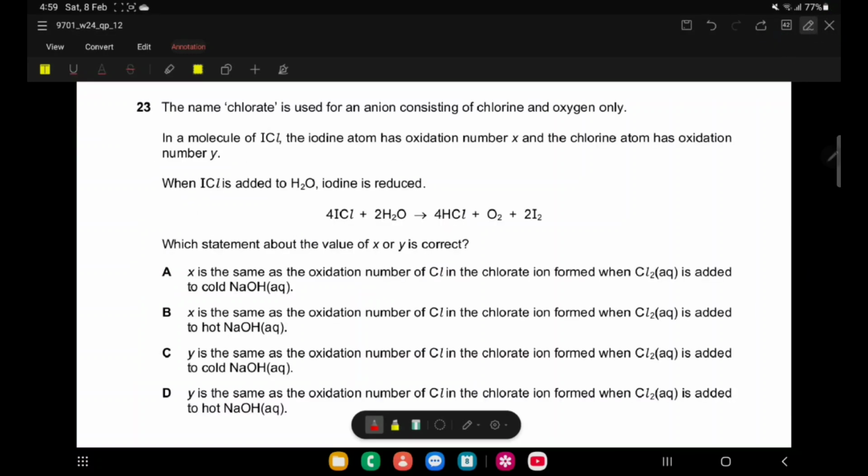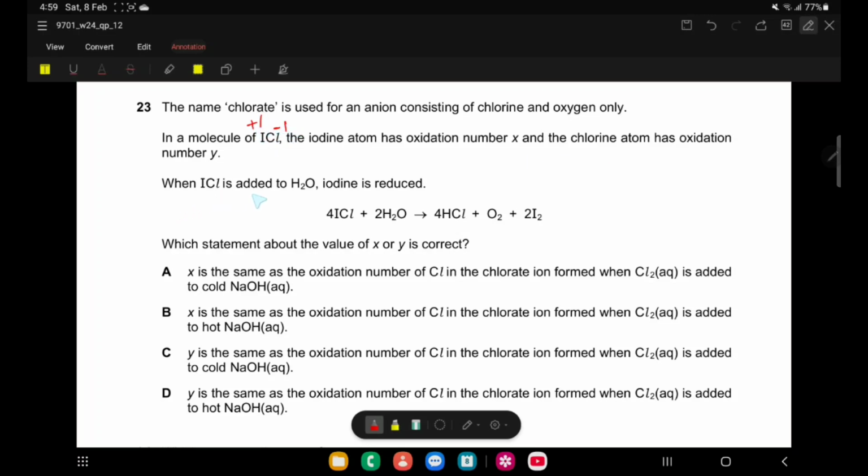Question number 23. The name chlorate is used for an anion consisting of chlorine and oxygen only. In a molecule of ICl, the iodine atom has oxidation number X and the chlorine atom has oxidation number Y. The electronegativity of chlorine is higher than iodine, so definitely chlorine is -1 and iodine is +1.